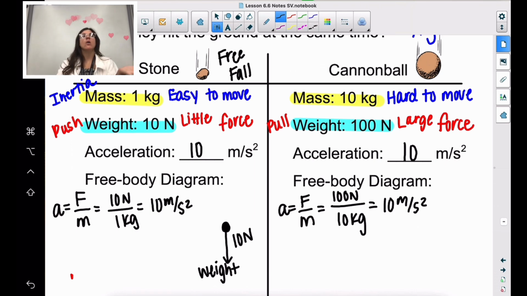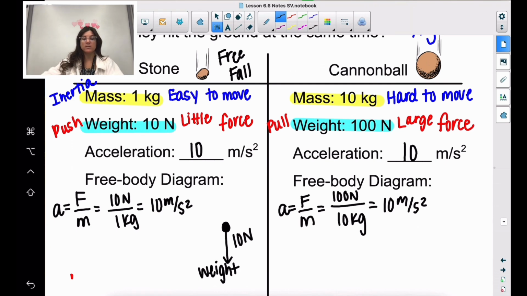So even though the stone is experiencing less force, because it also has less mass, 10 divided by 1 gets me 10 meters per second squared. And even though the cannonball is experiencing a whole lot more force, it also has more mass. So when I divide those values, I still get 10 meters per second squared.